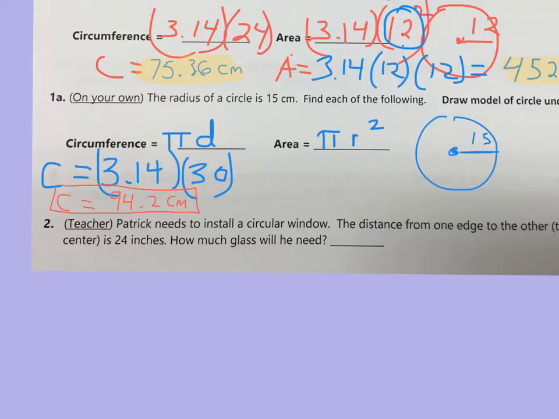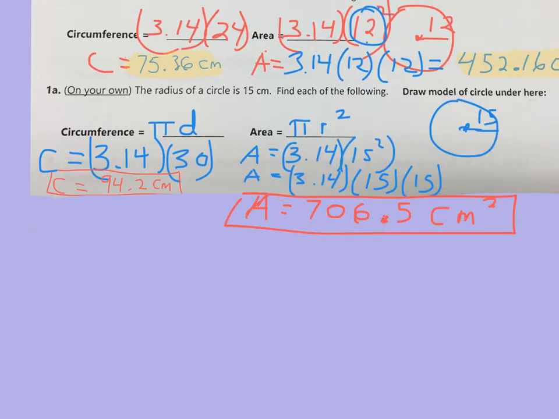So the diameter is 30, and 3.14 times 30 is 94.2 centimeters, and that is the circumference. The area is pi r squared, 3.14 times the radius squared, so 15 times 15. Multiply all these together, and it's 706.5 centimeters squared.